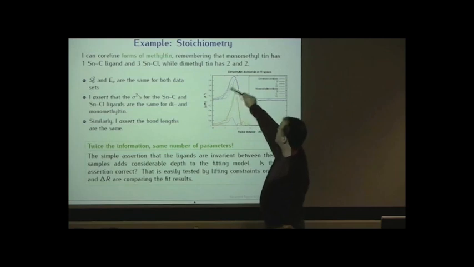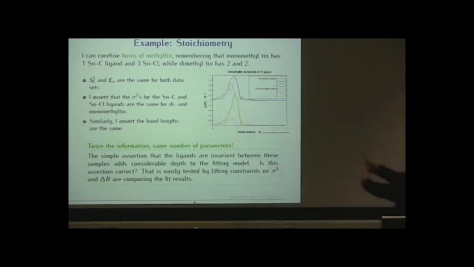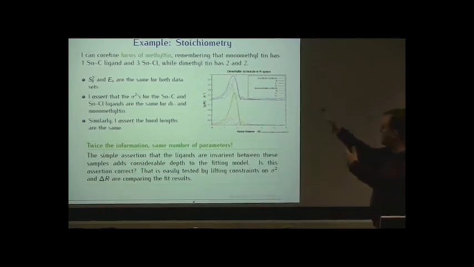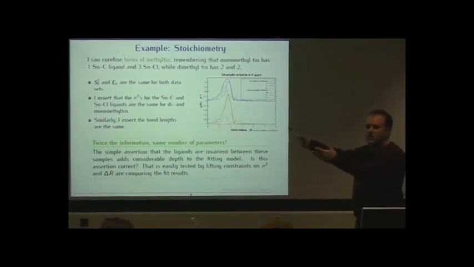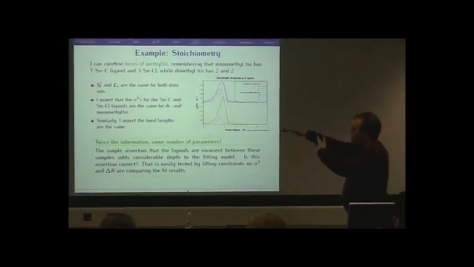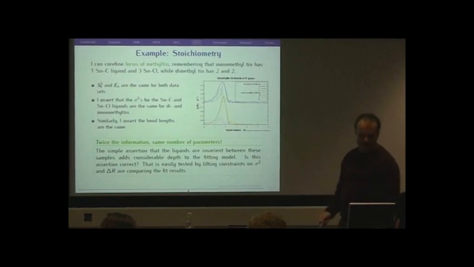Except for that, we use the rest of the parameters the same. We have twice as much information to determine the same set of parameters that we were having trouble measuring before, and we end up with a reasonably good fit.